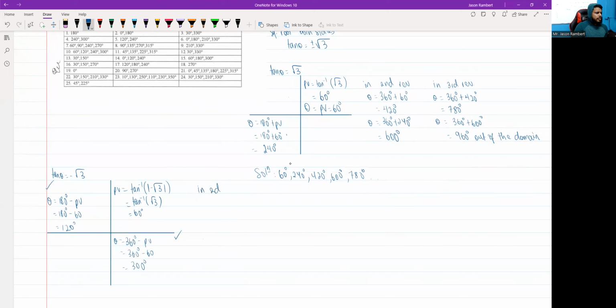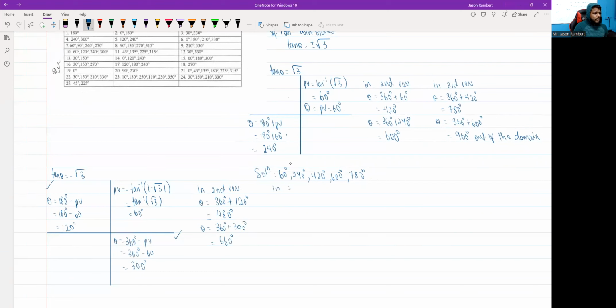In the second revolution, theta is equal to 360 plus the angle I got in my previous revolution, 120. That is 480, and 360 plus 300 is 660 degrees.